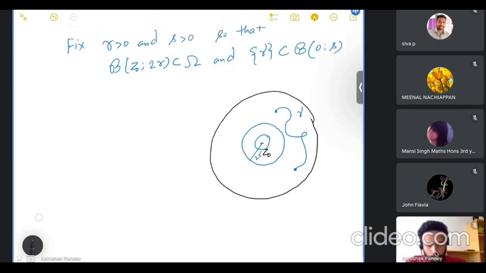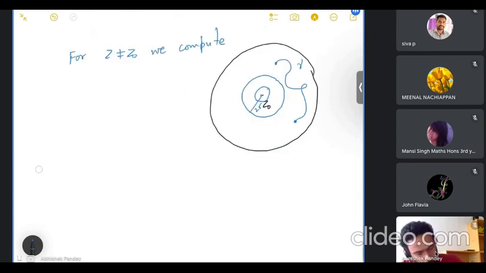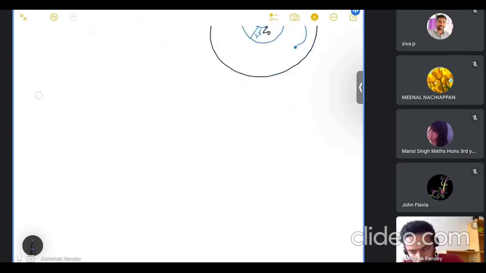So what we're going to do is, for z not equal to z naught, compute the following. I'll write down here H of z minus H of z naught upon z minus z naught.